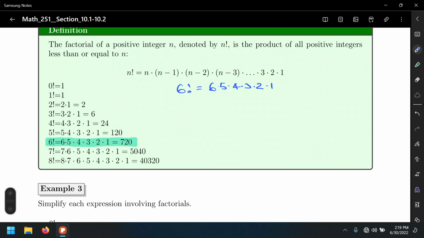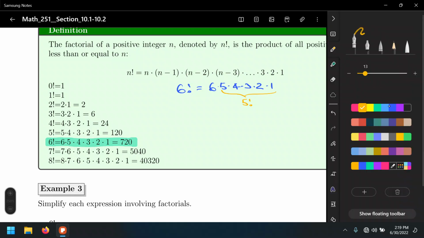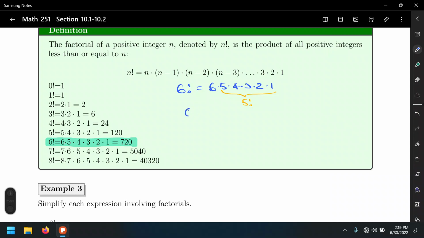Okay, do we all agree that this is all these numbers, from 5 to 1? Isn't this the same as 5 factorial? So we could rewrite 6 factorial as 6 times 5 factorial. That's another way to write it down.